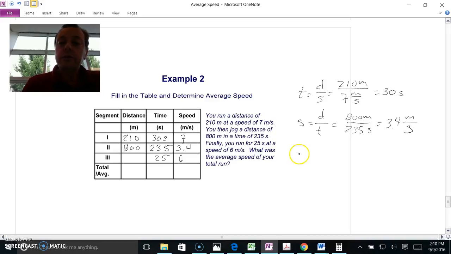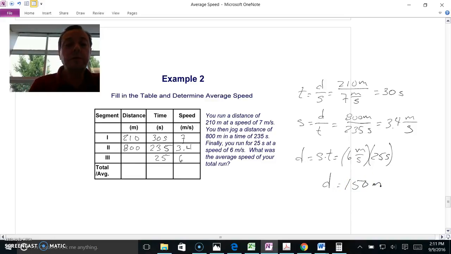And last but not least, we want distance. So distance is speed times time. And we have 6 meters per second times 25 seconds. Distance is exactly 150 meters.